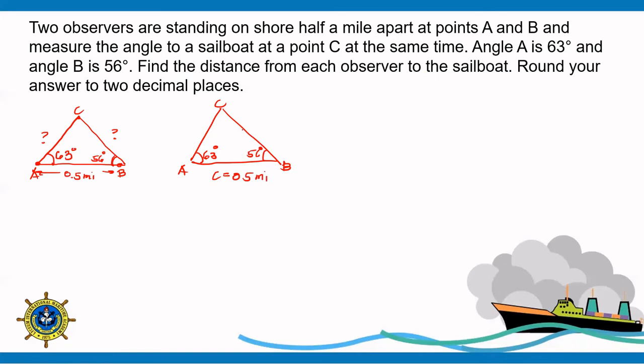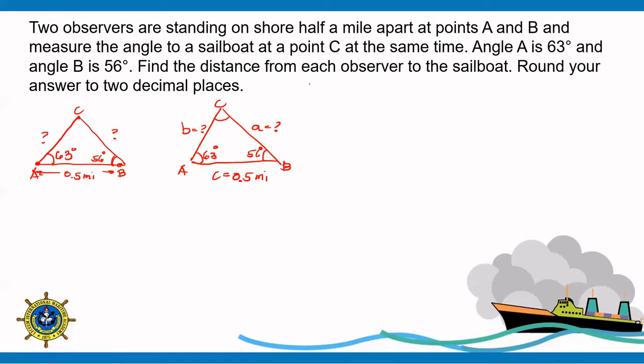And then itong opposite side na to, ito magiging A. And then itong side na to will become your B. Yan, so we're looking both for A and B. Okay, so katulad din ng case kanina, no, yung ating side na given is hindi opposite dito sa dalawang angle. So kukunin natin tong angle C for us to determine kung anong angle ang gagamitin natin, which is opposite to the 0.5 mile na side.